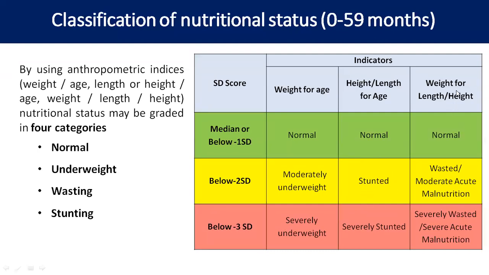And if the weight for length or height is less than -2 standard deviation, they are classified as moderate acute malnutrition. If these parameters are less than -3 standard deviation, they are classified as severely underweight, severely stunted, or severe acute malnutrition, respectively.